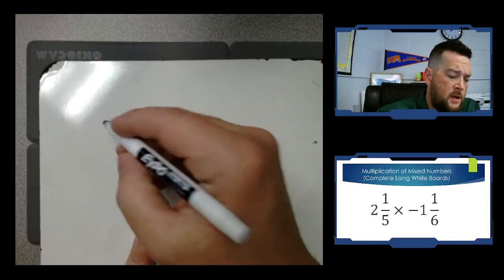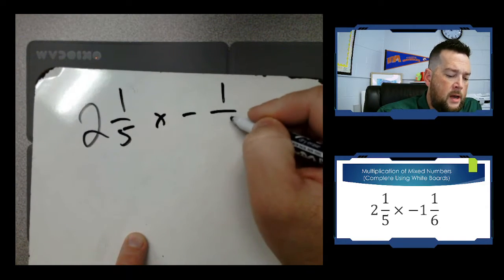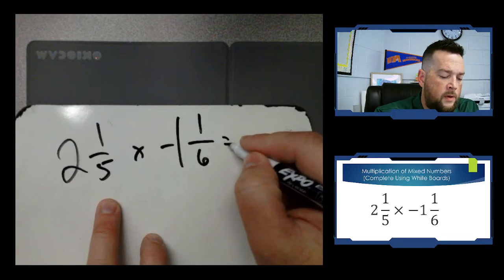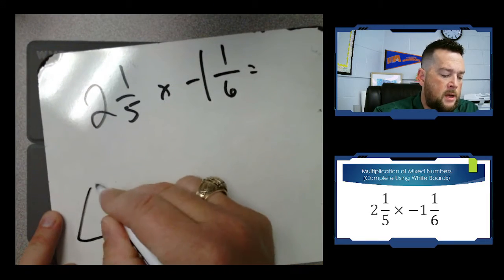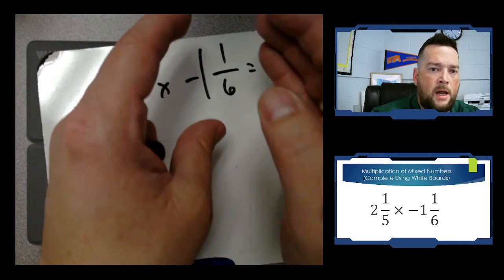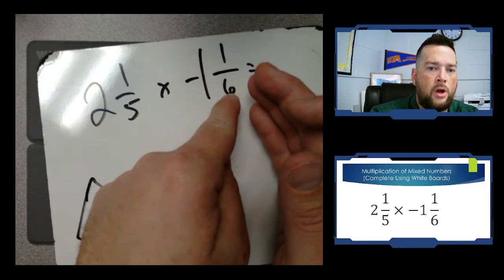It's 2 and 1/5 times -1 and 1/6. Just like we did for all the other ones, we're going to take care of the positive and negative first, because this is a number right here, and that's a number. It's just a combination of a whole number or an integer with a fraction.